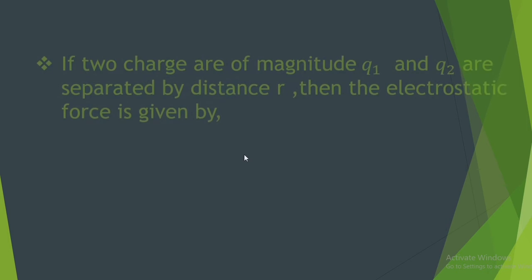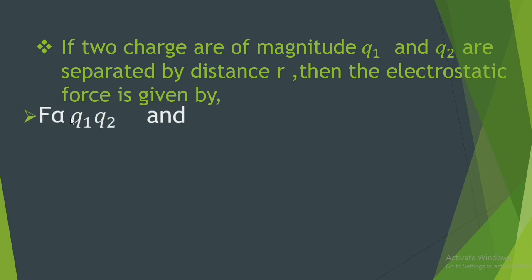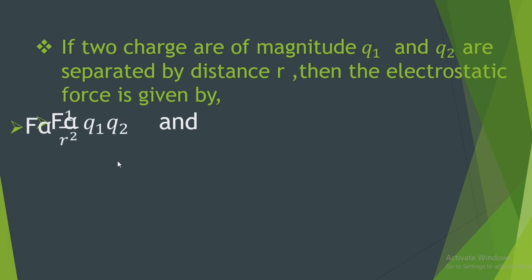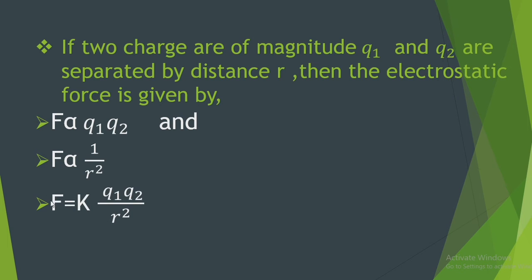It says that force is directly proportional to charges Q1 and Q2, and inversely proportional to distance r square. So electrostatic force F is proportional to Q1 times Q2 over r square.